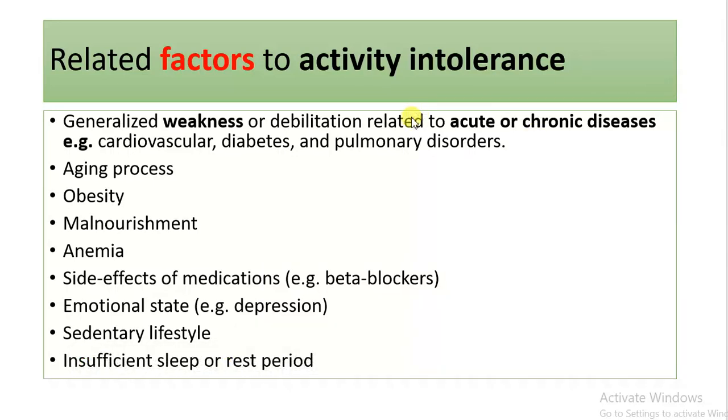Insufficient sleep and rest is another factor for activity intolerance, because rest and sleep are very important. Those people who do not sleep at night based on the circadian rhythm will have weakness, and the immune system will be reduced.